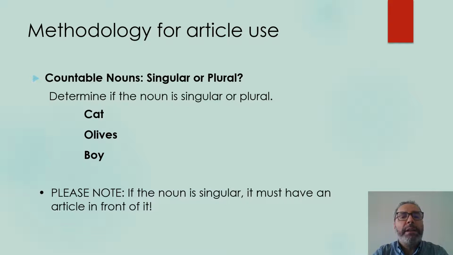Then for countable nouns, we have to consider whether they are singular or plural. Here you have to determine singular or plural nouns. And remember that if the noun is singular and countable, it must always have an article. Here we have the examples.